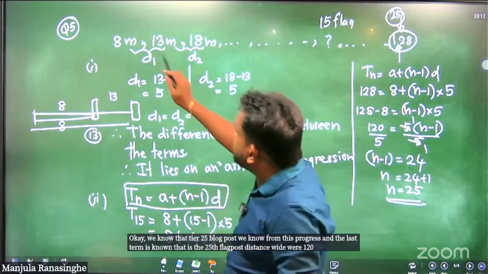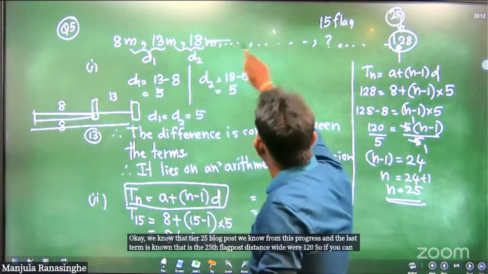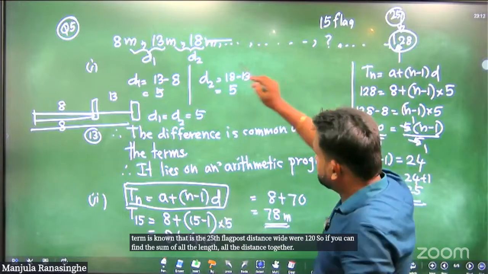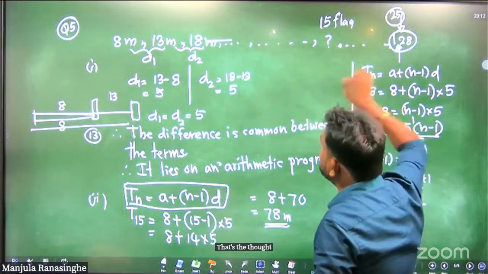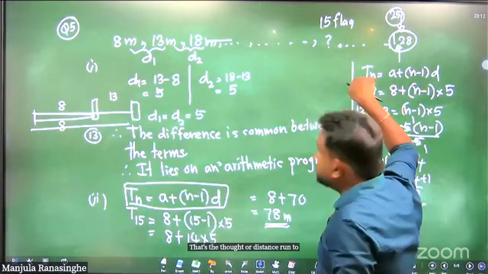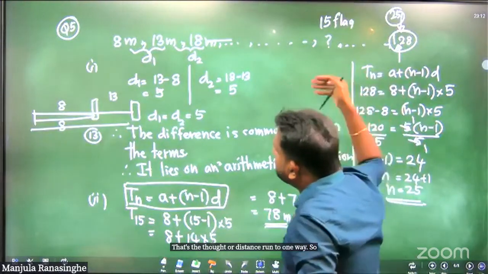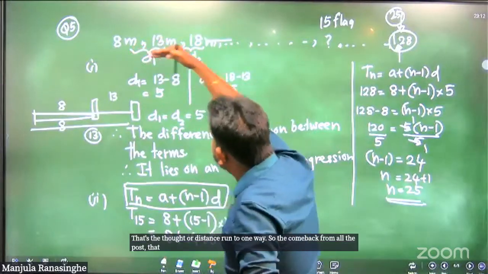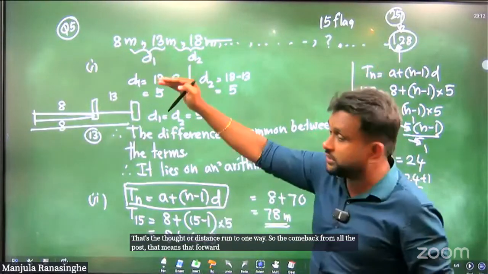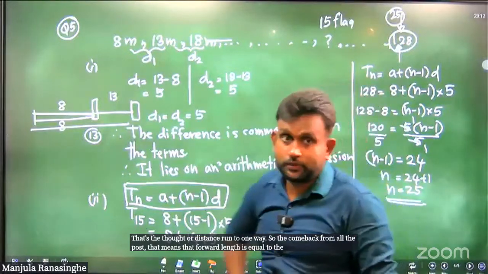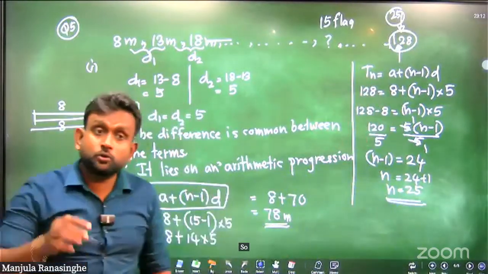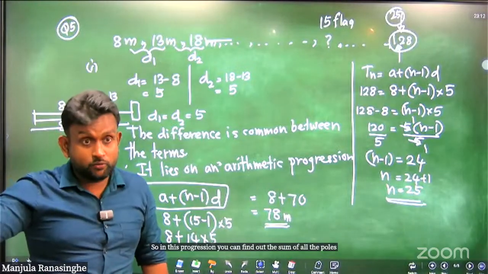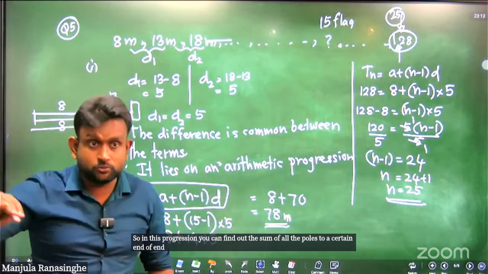So if you can find the sum of all the distances together, that's the total distance run one way. The forward length is equal to the return length. So in this progression, you can find the sum of all the poles to a certain end point and multiply by 2.